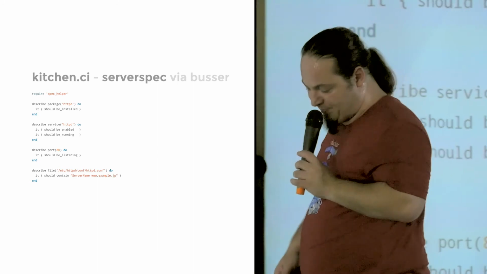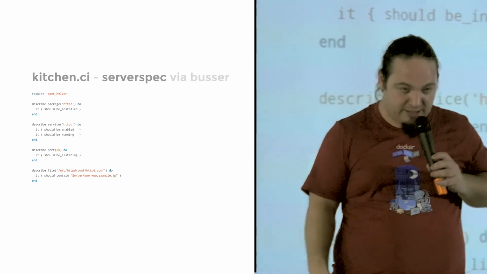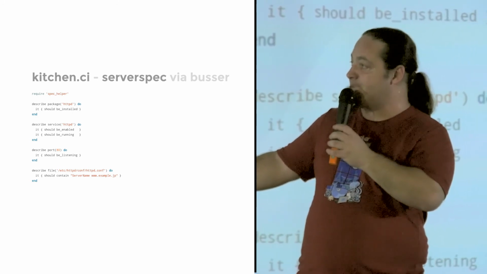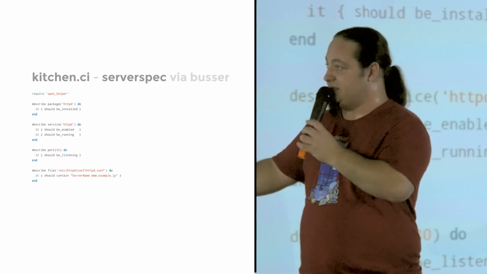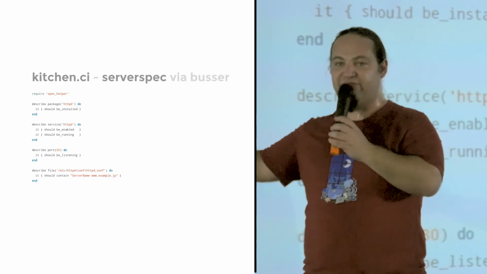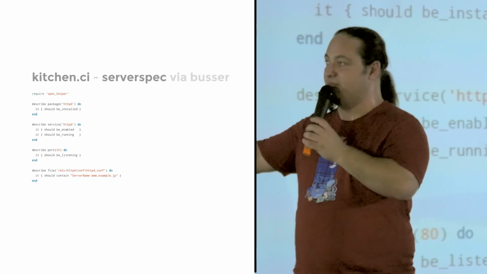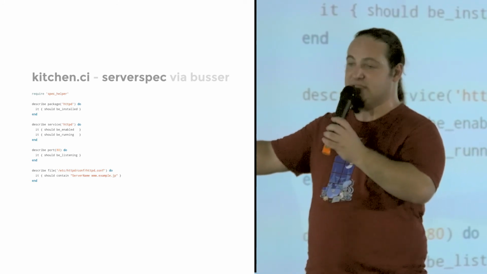Last but not least, ServerSpec. ServerSpec is again a Ruby library that is based on RSpec, but it provides a lot of testers. Like it can check if a package is installed. It doesn't need Chef for this. You can install a package using Ansible or a shell script, but this test will test that the package is installed.